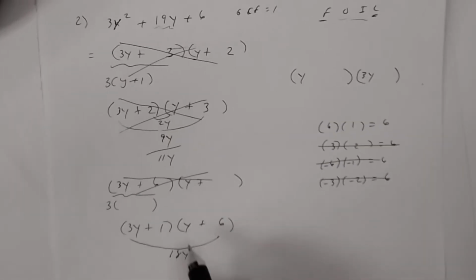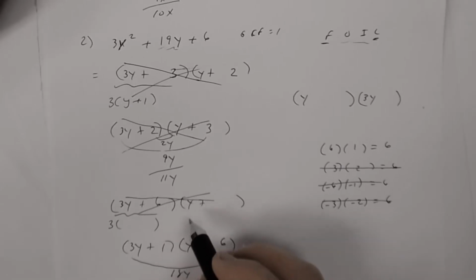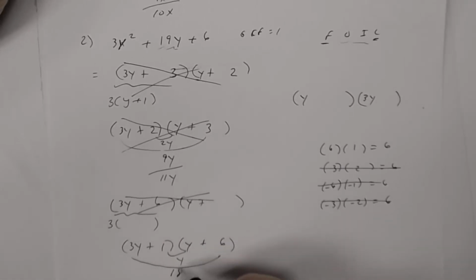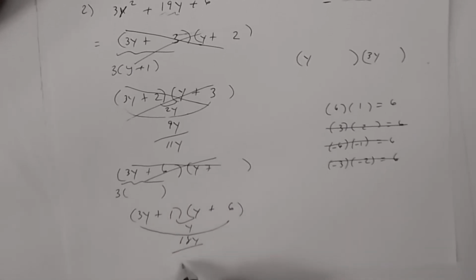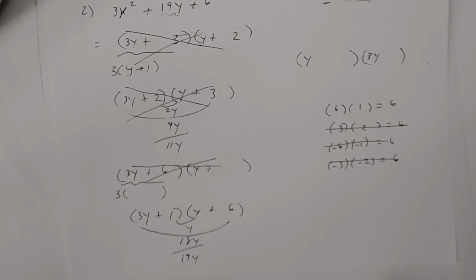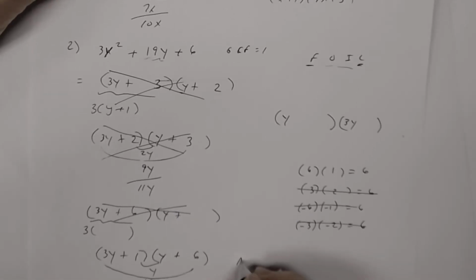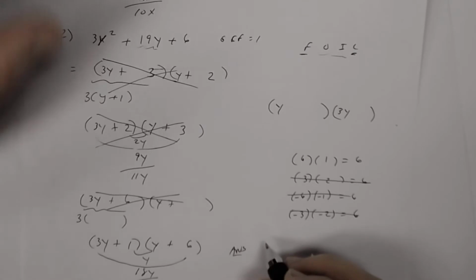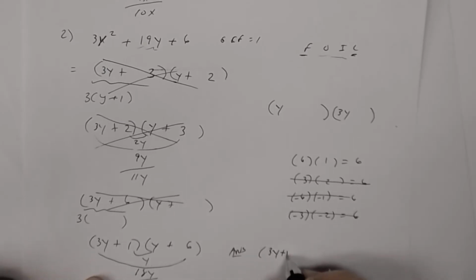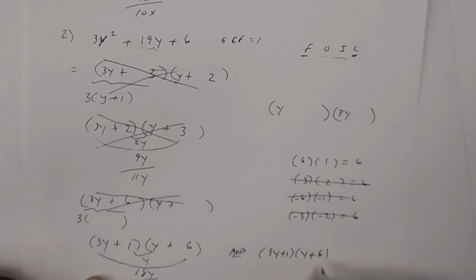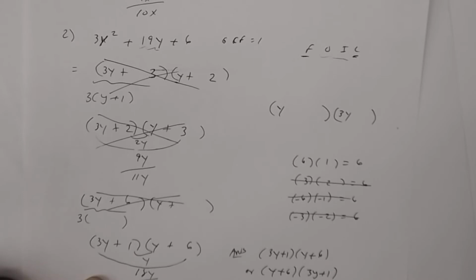And the inner is 1 times y, which is y. When I add them up, look what you get: 19y, which is what you wanted. So my answer will be 3y plus 1 times y plus 6. Or if you want to, someone else could have said y plus 6 times 3y plus 1. Okay? All right, so that was number 2.